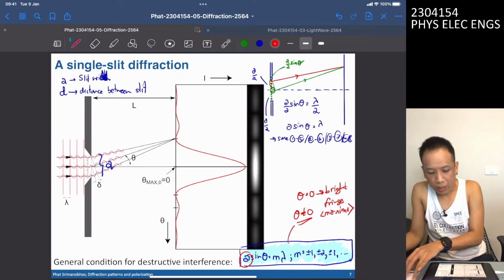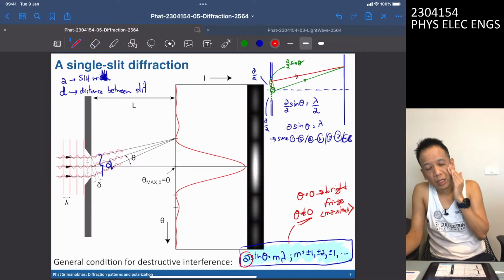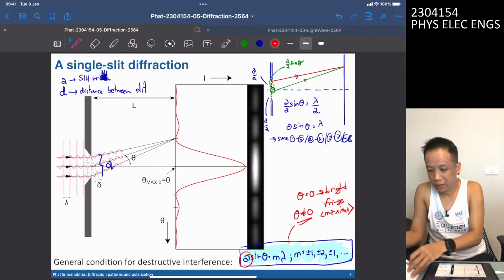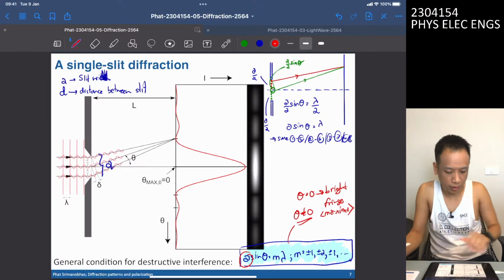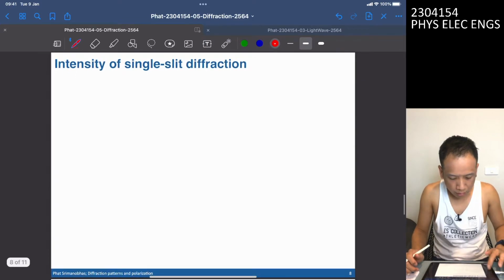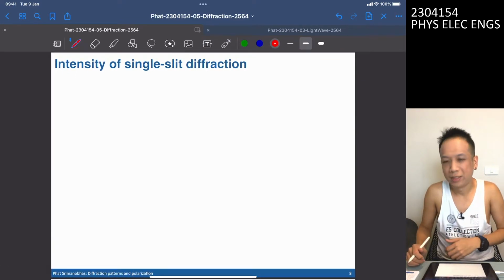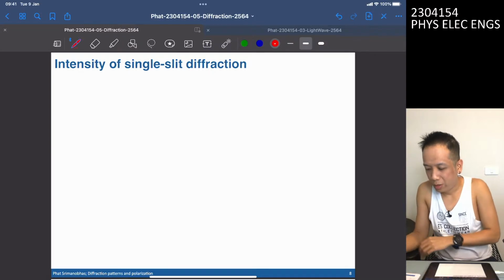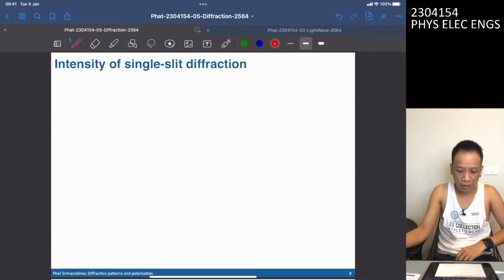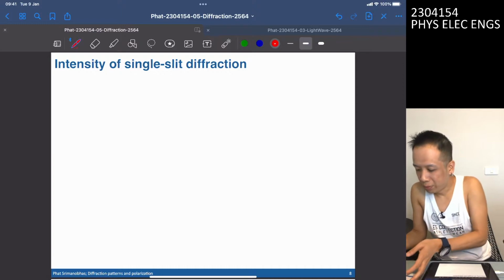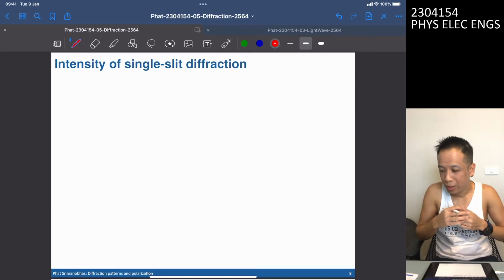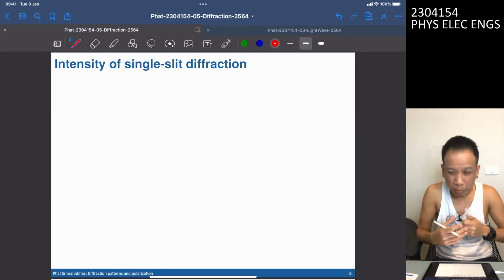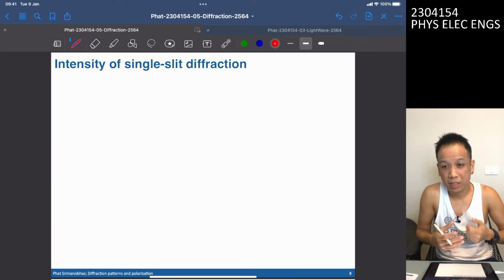Now we need to understand the intensity of the single slit. It's going to be a little heavy proof, but we try to go through it so that you see the idea of how this formula is formed, because in the book it just gives you this formula.